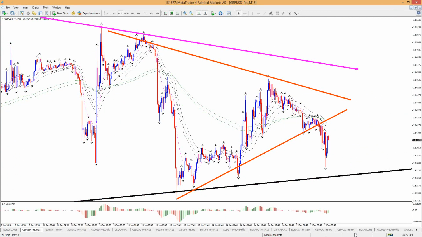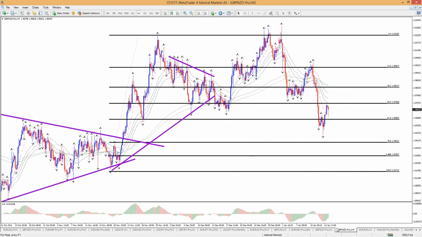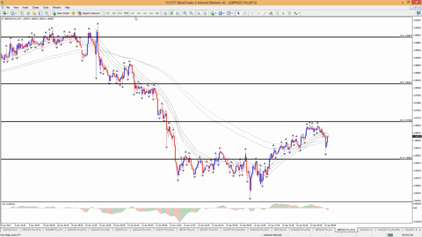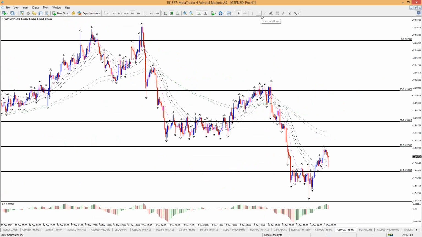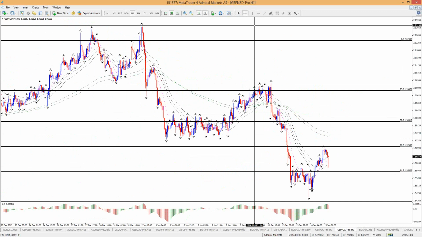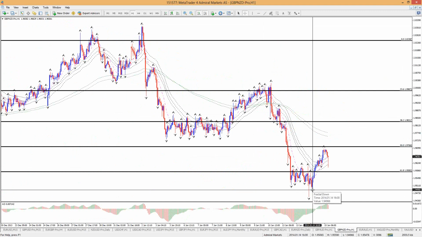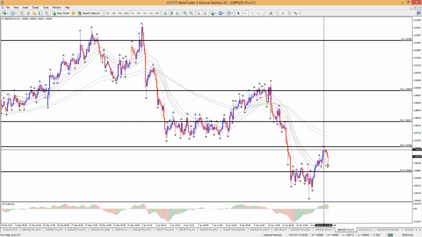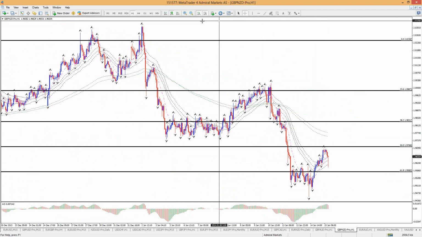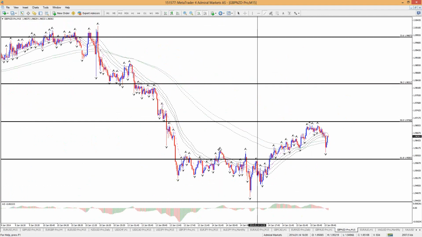Let's see, anything else? Pound New Zealand. Oh, Pound New Zealand actually reversed yesterday.